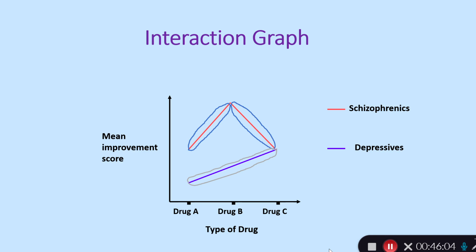Okay, so that was 2 one-way ANOVAs comparing type of drug, so simple effects for type of drug, effectively what we're looking at there.